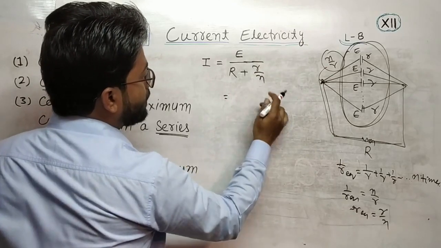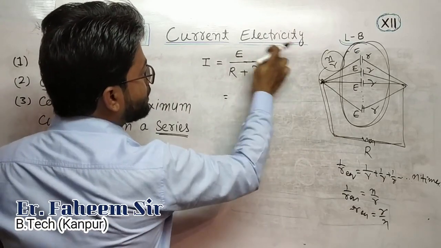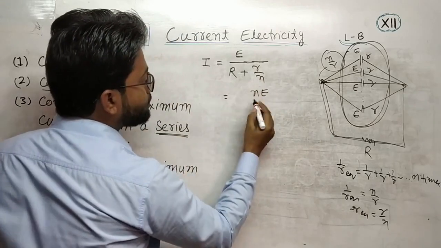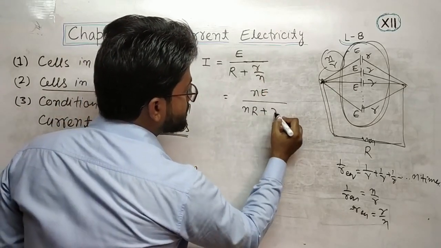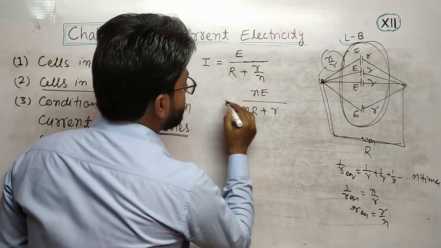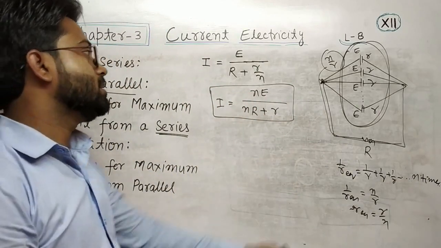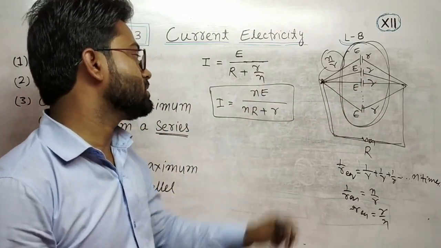On taking LCM and multiplying, we get nE upon nR plus r. Finally we can say that the current drawn from the cells is equal to nE upon nR plus r.